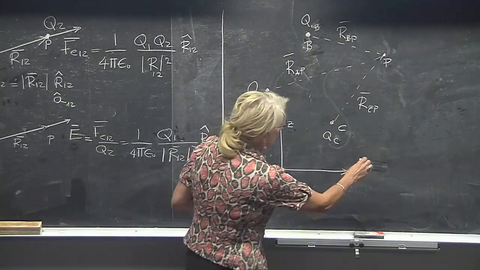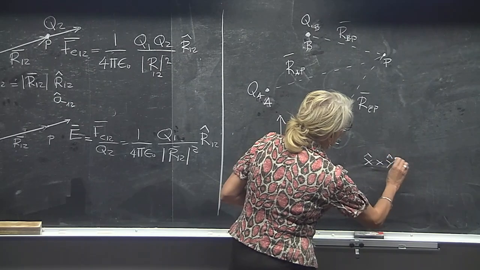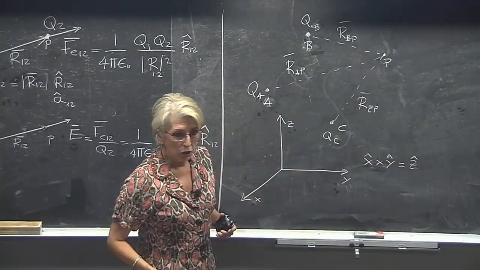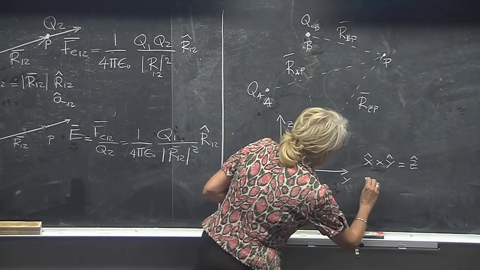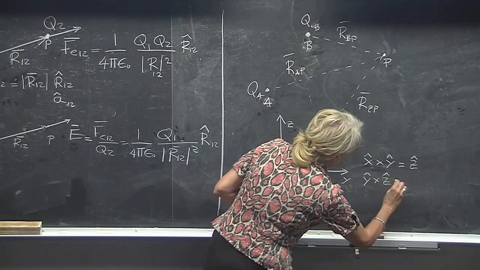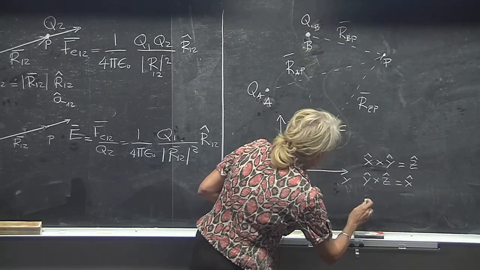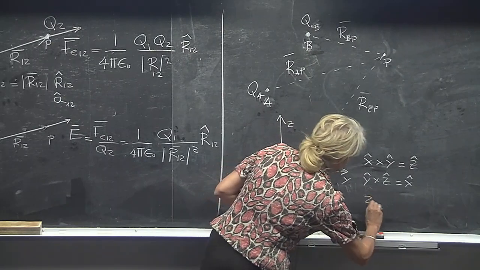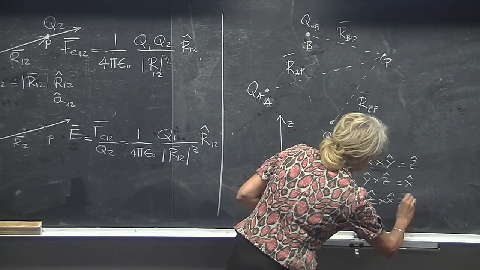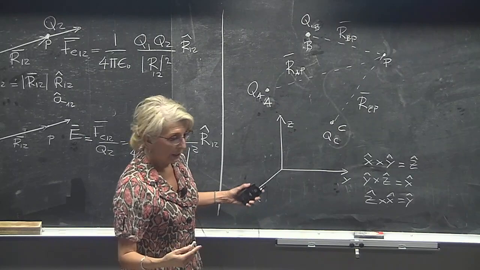If I take the cross product of these unit vectors, X and Y, it gives me Z. Do you remember that from the Cartesian coordinate system? Or if I take Y, Z, it gives me X. And if I take Z, X, it gives me Y. All right, that's what I call a positively defined Cartesian coordinate system.